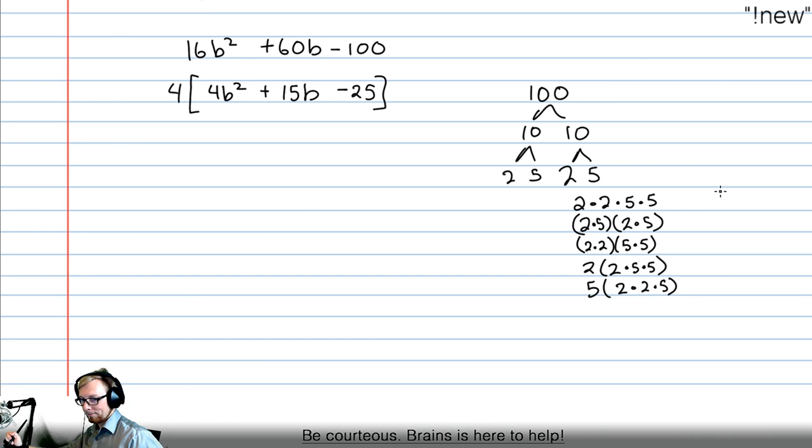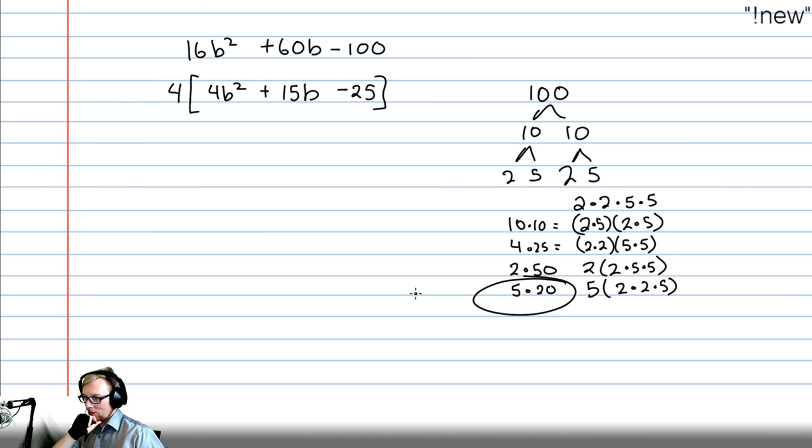Okay. 10, 10. Good. And the last one will be 5 times 20, right? Awesome. Okay. And your 5 is negative. So you've got positive 20 and a negative 5.